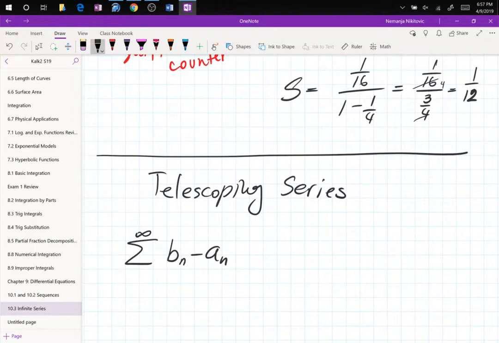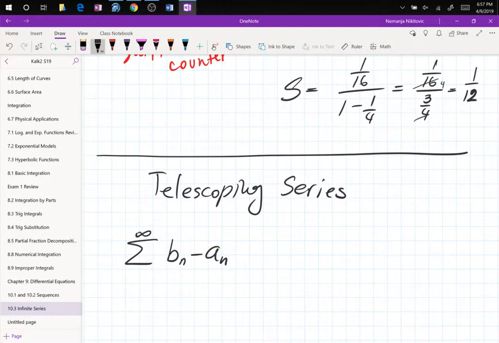That's where you come in with your 10,000 or 1 billion terms, with a for loop, or a while loop, while power is on. Keep adding, see what happens. All right, telescoping series, guys.